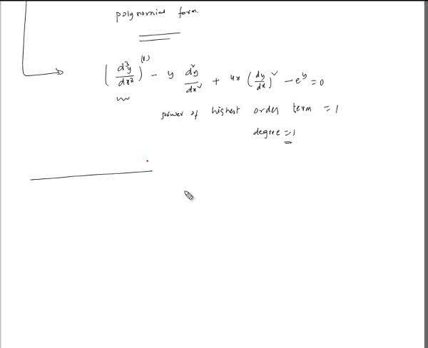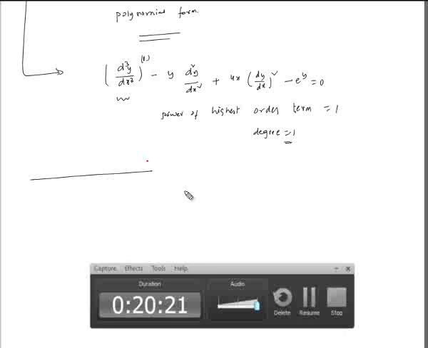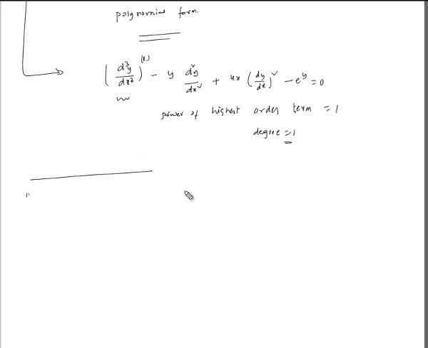Another classification. We have seen two classifications. One is based on the number of independent variables, that is, the number of variables with respect to which the derivatives exist in the equation.